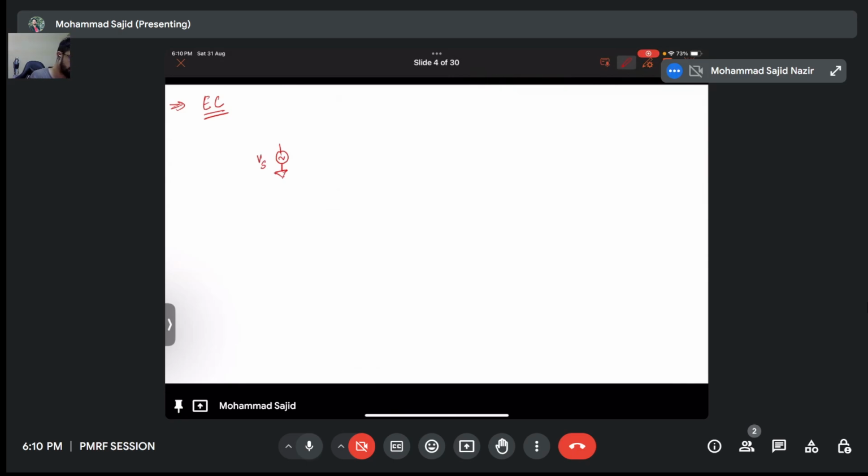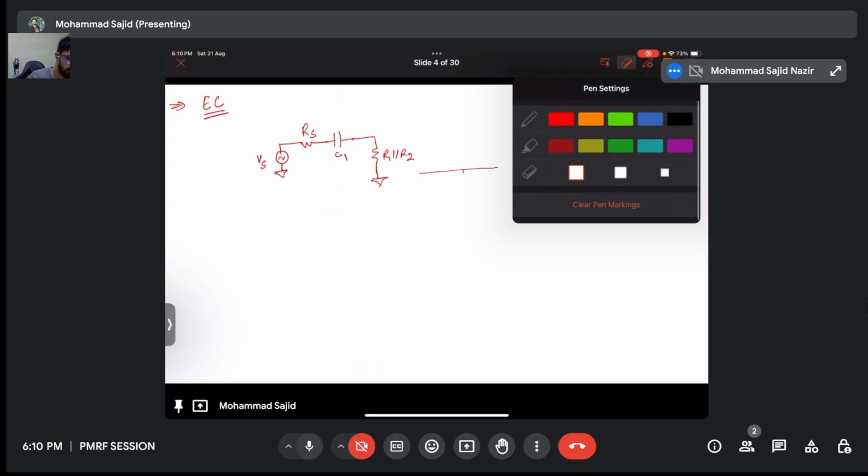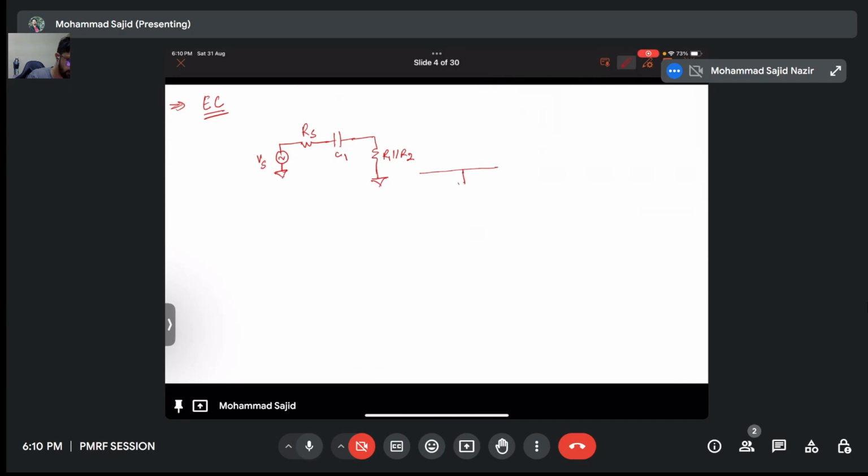I have the V source, I have RS, then I have a capacitance C1, then we will have R1 parallel R2. Source grounded.